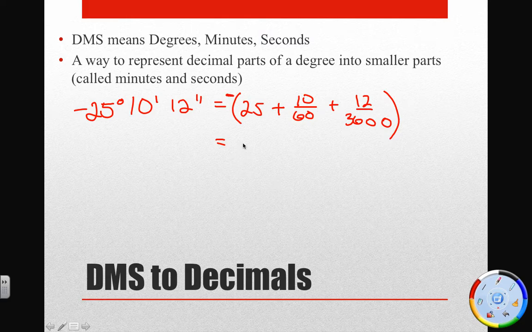So if I redo this on my calculator, you actually get negative 25.17 degrees. So notice we got the 25 to match, and it's a little bit more. So you really have to think about, let's do this without the negative first, and then add the negative at the end.